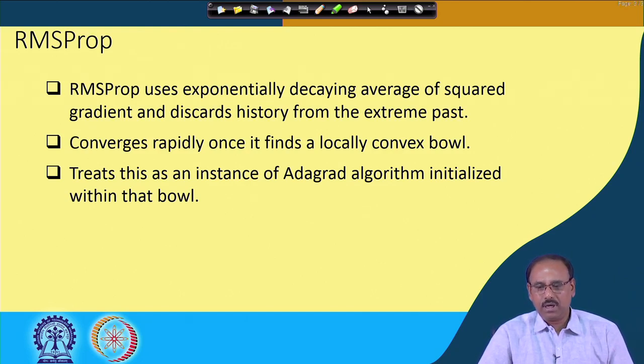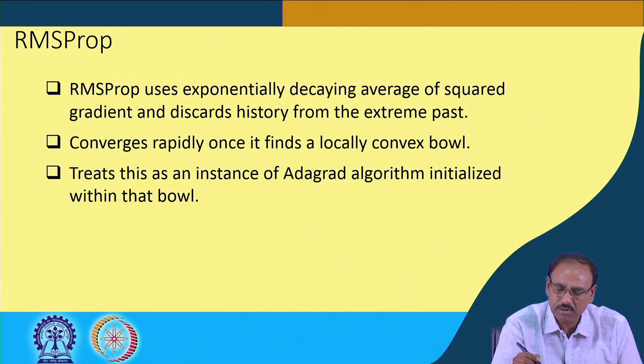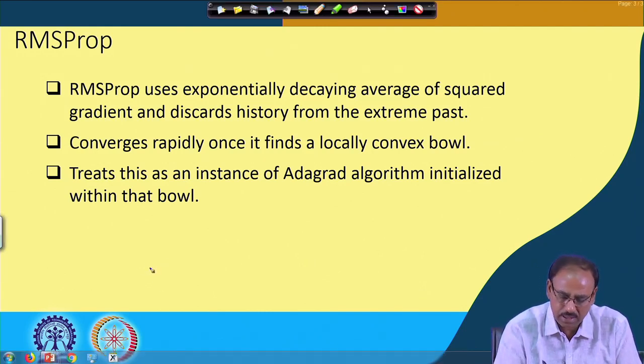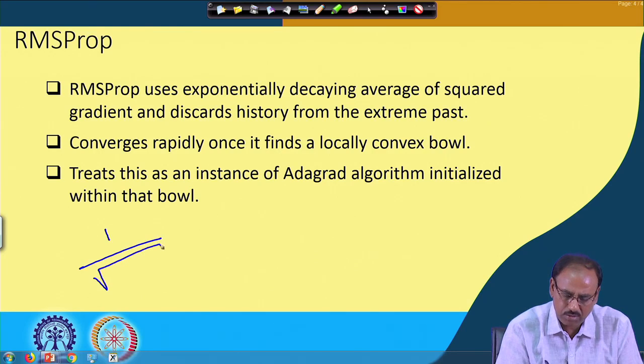So the operation that was done in the AdaGrad algorithm is R_t, the scaling factor, which is 1 upon square root of epsilon plus R_t,i.